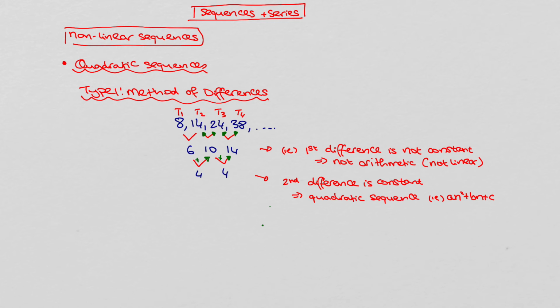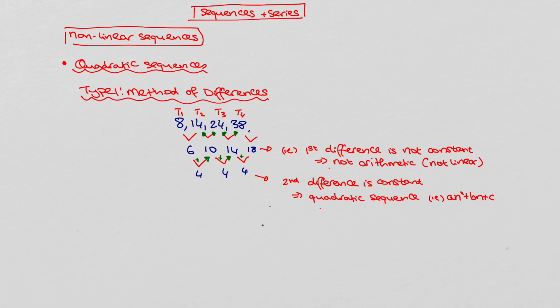So if I wanted to know the next term, well, I know my second difference is going to be 4. So we would say 4 plus 14 gives me 18. And then if we add 18 to 38, well, we would get 56.